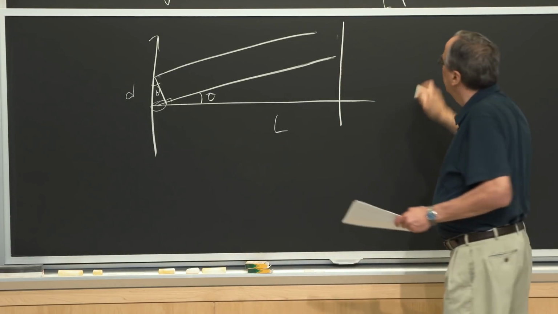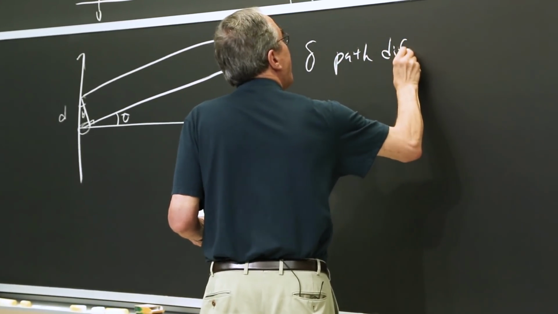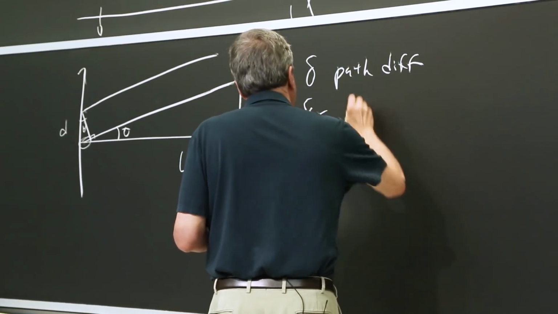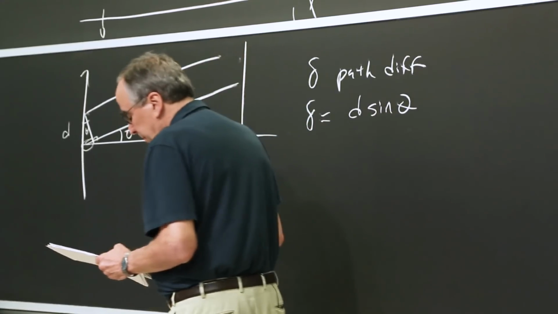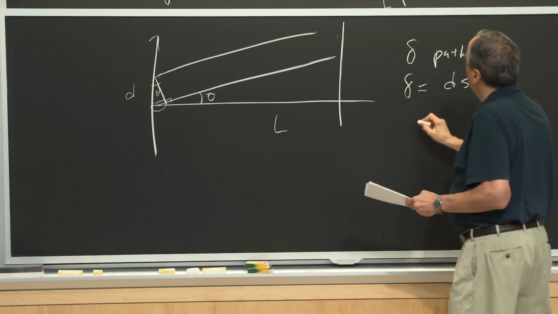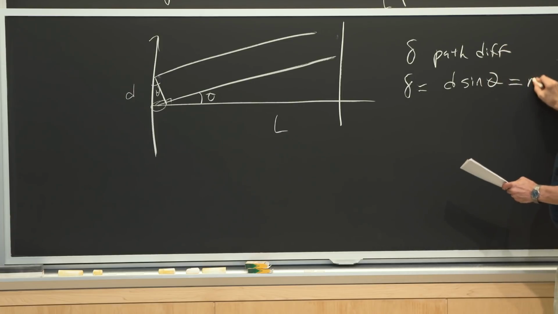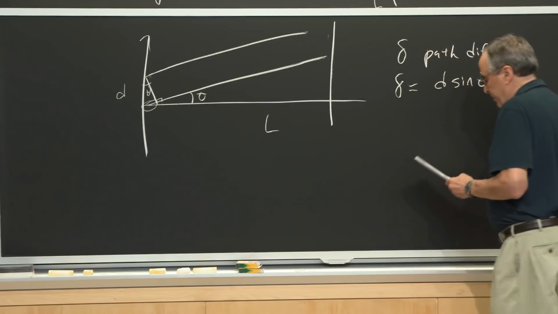And so delta is the path difference. Delta is equal to d sine theta. And in order for it to be constructive interference, we have to have this path difference be an integer number of wavelengths.